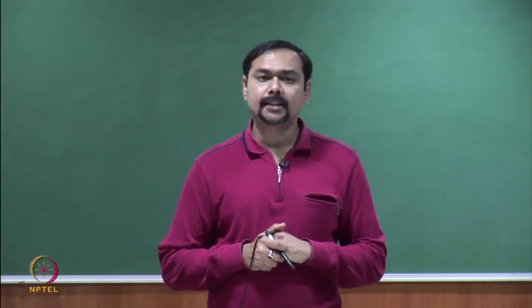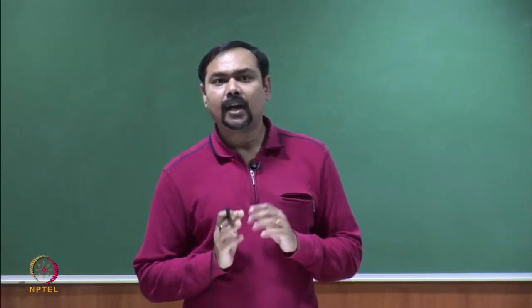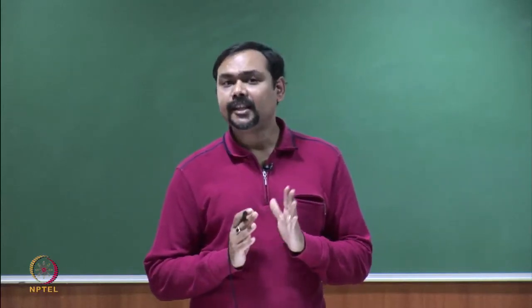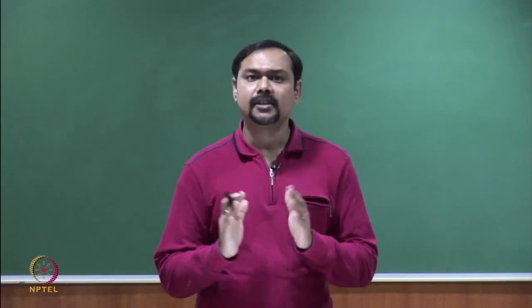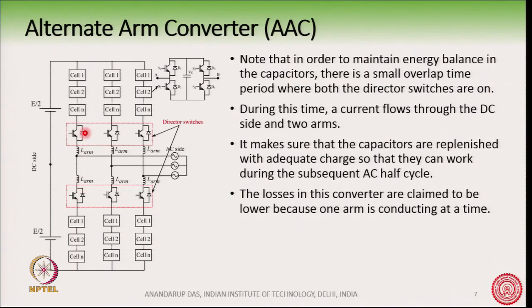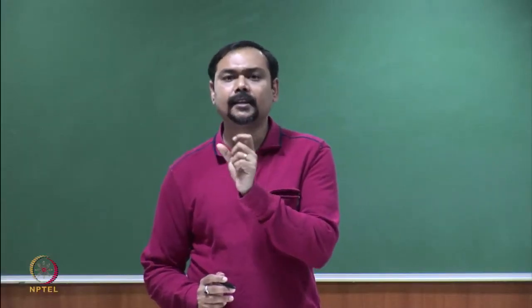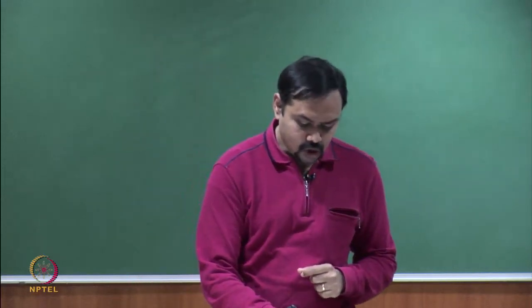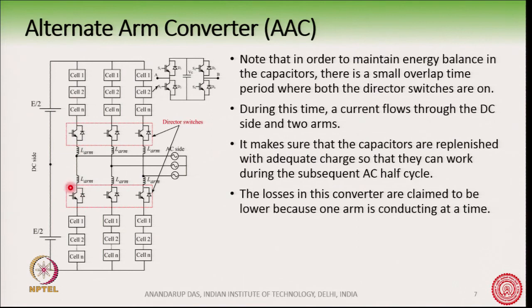However, in this case, we are not allowing the DC to flow continuously, rather for a short period of time, maybe during the end of the half cycle and the beginning of the next half cycle, we will turn on both the director switches and the current will flow. This will make sure that the capacitors are properly charged up.